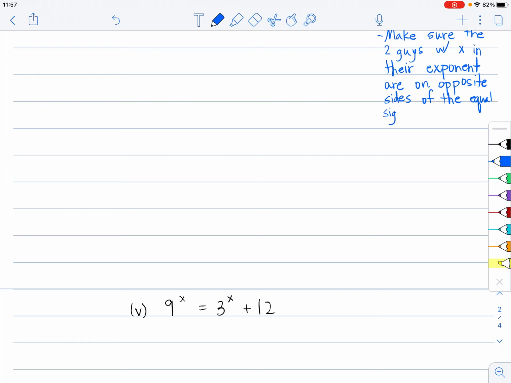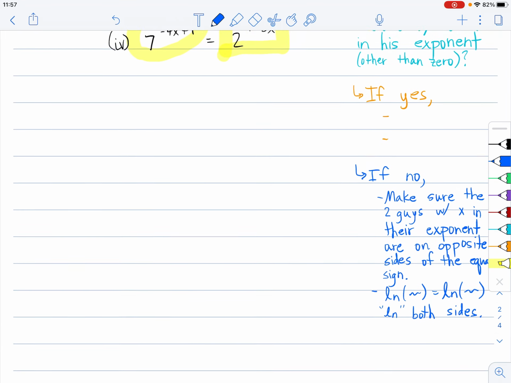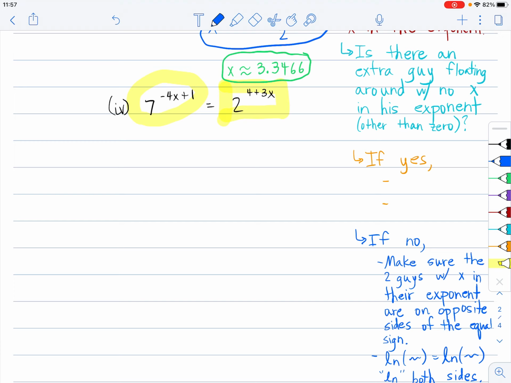And once they're on opposite sides of the equal sign, then you are going to ln both sides. So we are going to ln 7 to the negative 4x plus 1 equals ln of 2 to the 4 plus 3x.